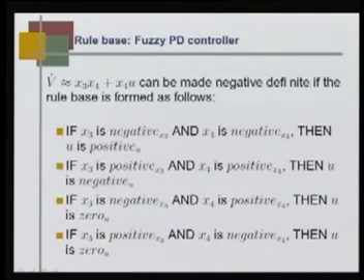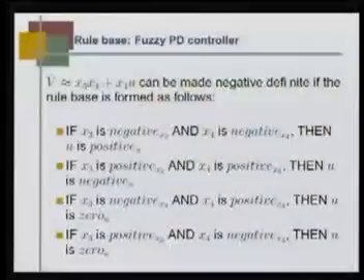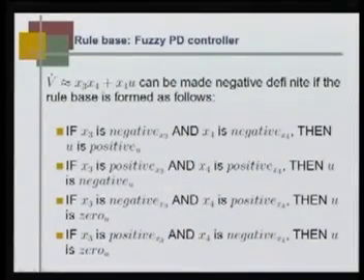I will take care that you understand this, because this is what you should learn: how to generate a rule base. You see, x3 is negative. If x3 is negative and x4 is also negative, that means this quantity is positive.